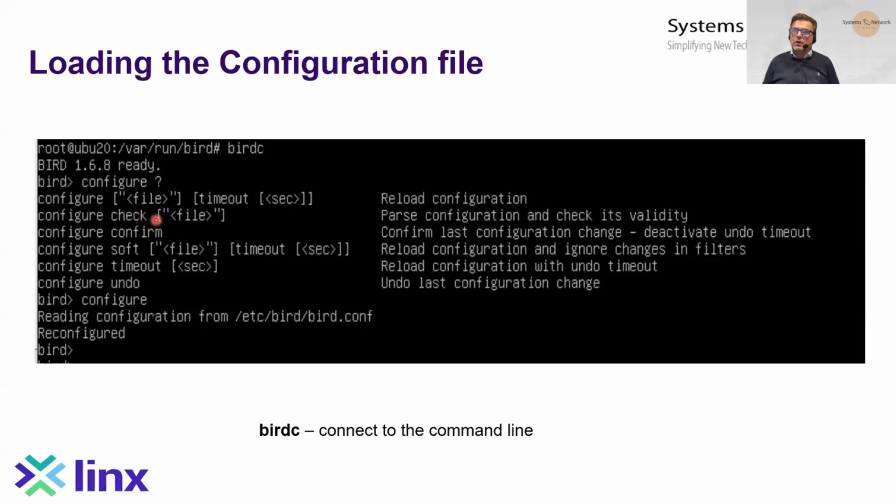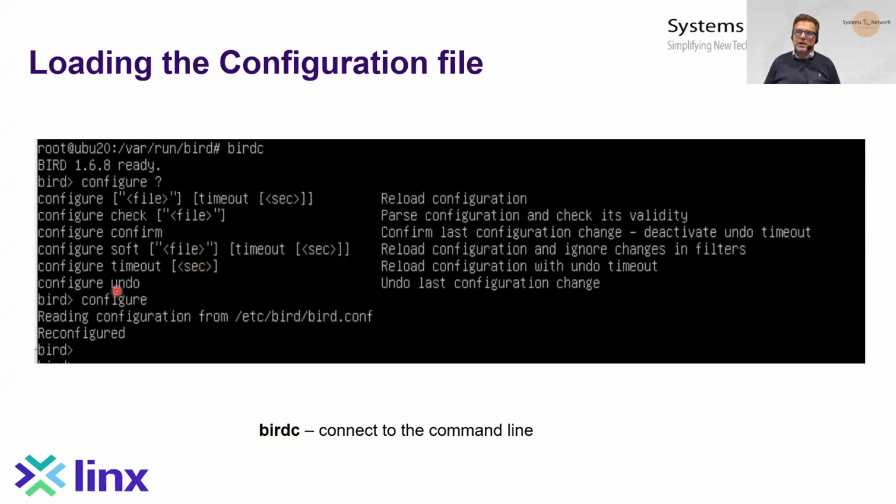We can reconfigure BIRD to use a particular configuration file from here, and we can confirm the status of the configuration to see if anything needs to be done. Once we're in BIRD, we can switch between configuration files if we have multiple options, and it will reload the configuration file that we choose.